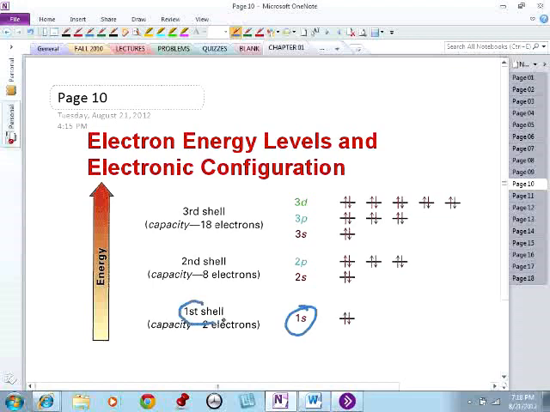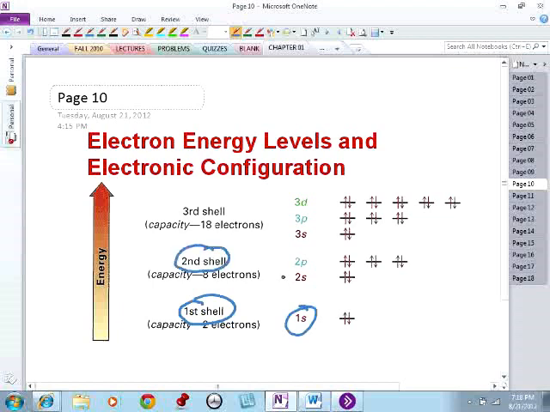and within a given atom, you have what we call different energy levels. Here we call this the first shell, the first energy shell. In that first energy shell, you only have an s orbital. We call that 1s orbital. Okay, this is the first energy shell. Here is the second energy shell.